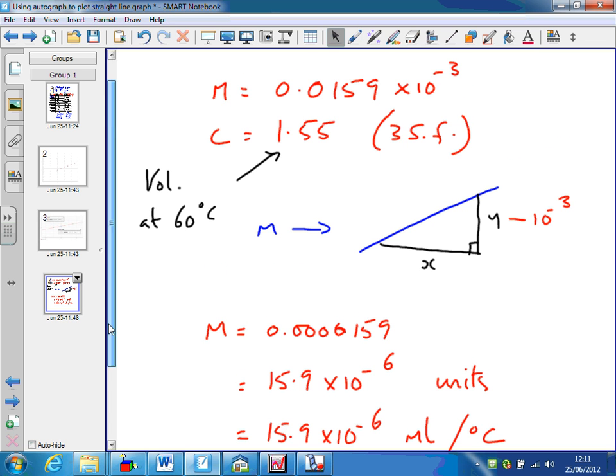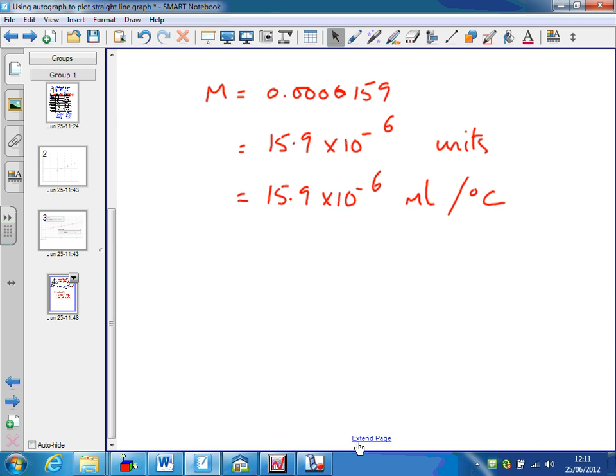And if I wanted to write down what the equation for this change in volume is, remember we've got y equals mx plus c as the equation for this. Well, what is y? Y is the volume of the gas. What is m?